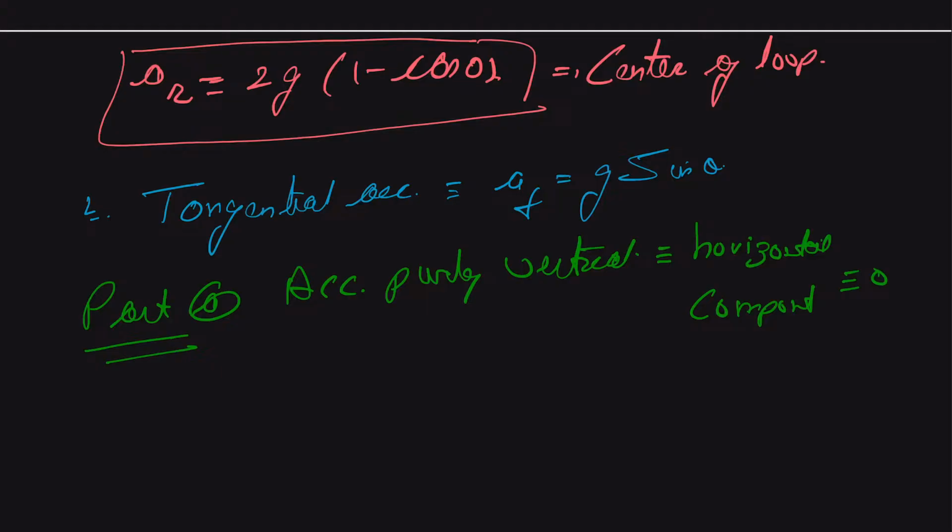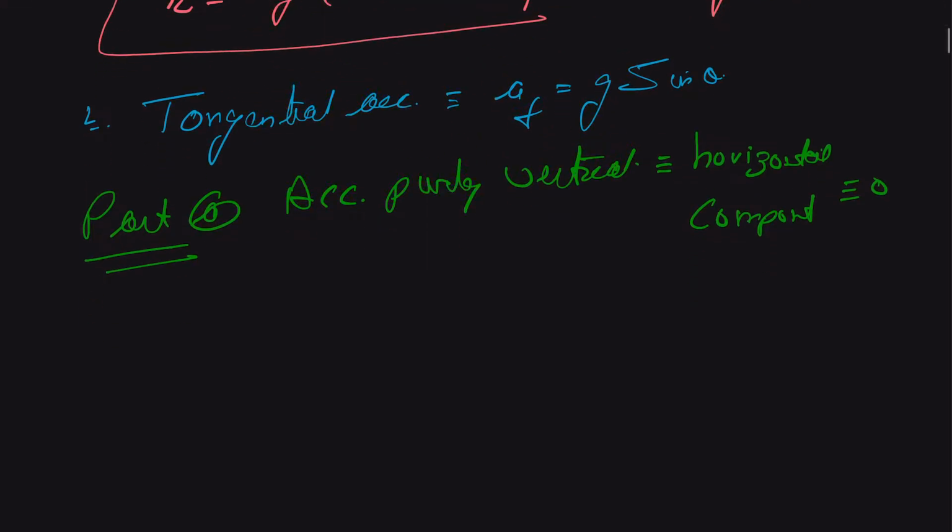So let us draw all the respective components. This is our start from A, this is point C, and this is point B. And we know that this is our radial component and this is our tangential component. We can divide our tangential component into two parts.